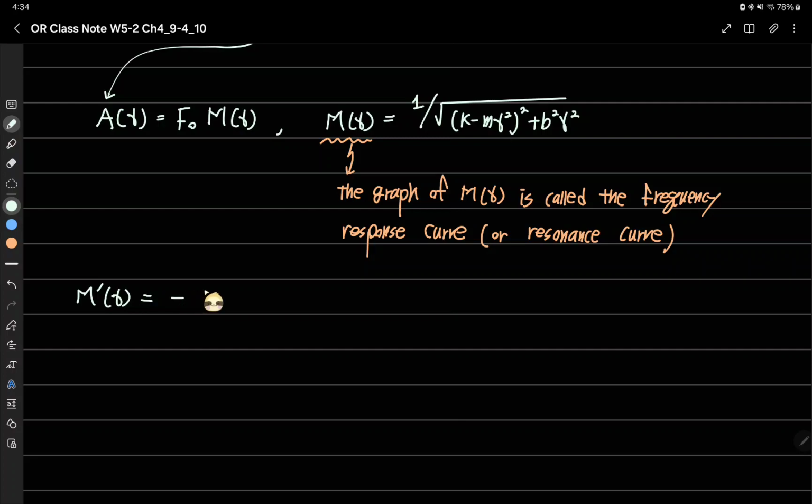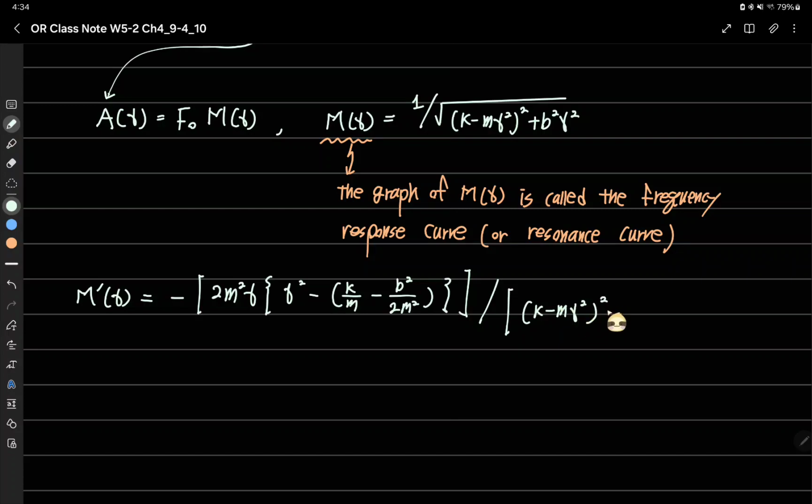So M prime of gamma is going to be minus 2m squared gamma, then k over m minus b squared over 2m squared, divided by the quantity (k minus m gamma squared) squared plus b squared gamma squared, to the power 3/2.